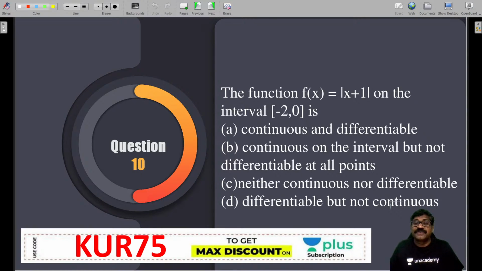The function f of x equal to mod x plus 1 on the interval minus 2 comma 0. First option: continuous and differentiable. Second option: continuous on the interval but not differentiable at all points. Third option: neither continuous nor differentiable, but not continuous.